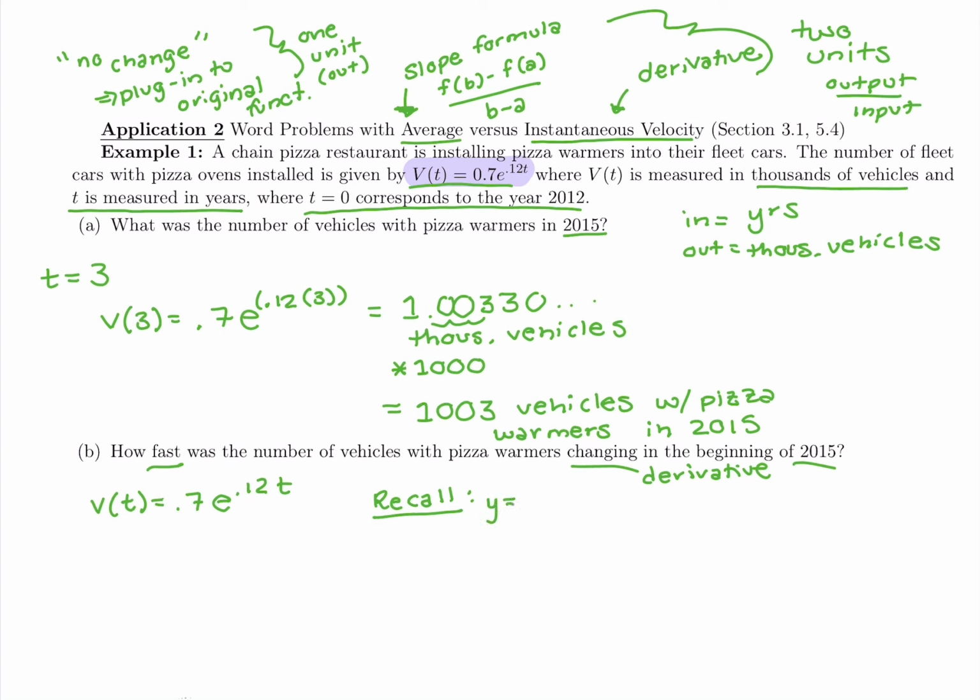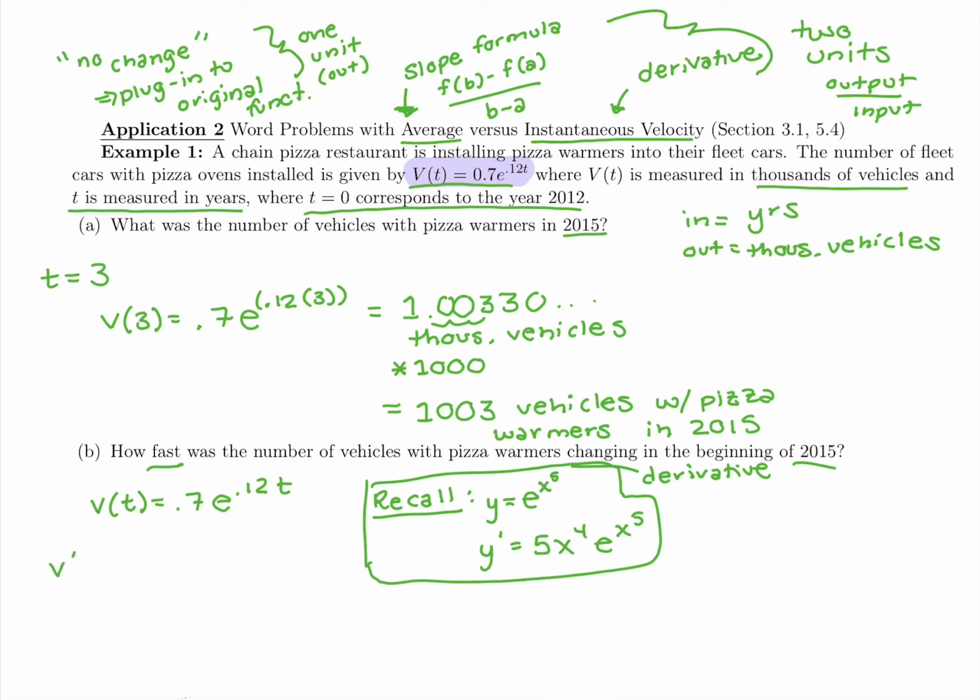So if we have the derivative of e to the x to the fifth, how would we take that derivative? Well, we'd say the derivative of the power is first. So derivative of x to the fifth is 5x to the fourth. Derivative of the power times e to the original power. So we want to remember this rule here and apply it to our problem.